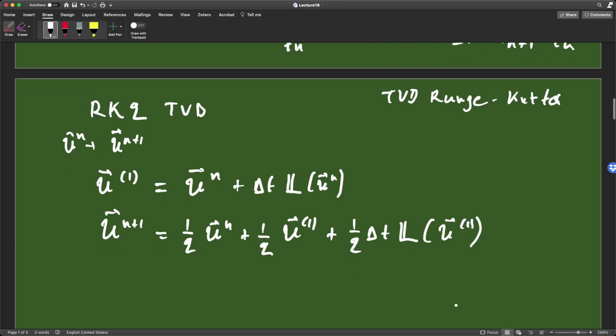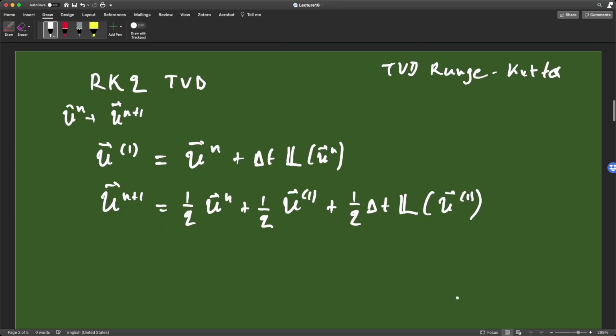Now, if L is a linear differential operator, if our equation is a linear PDE, then we can combine those two steps into one.